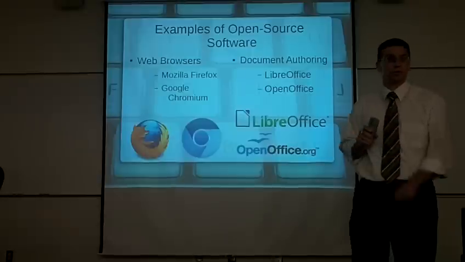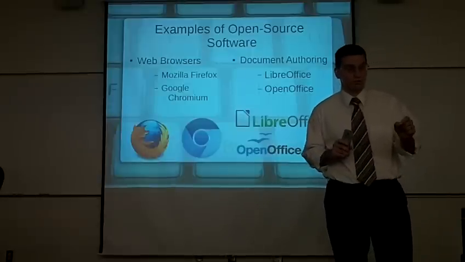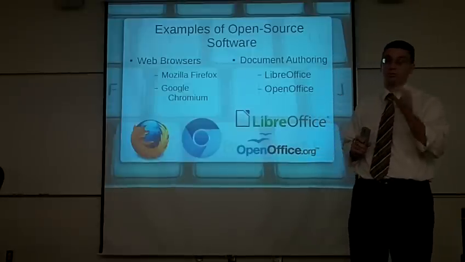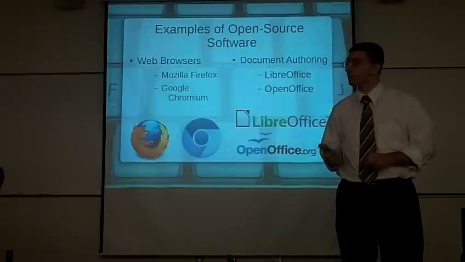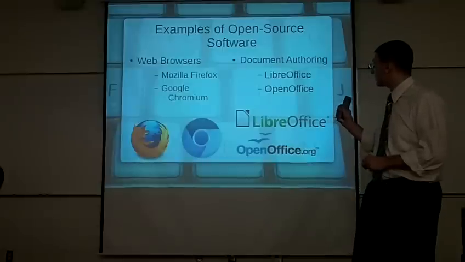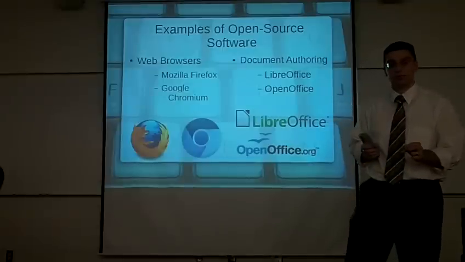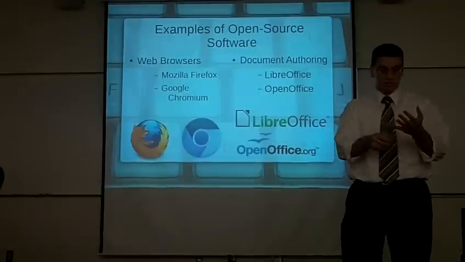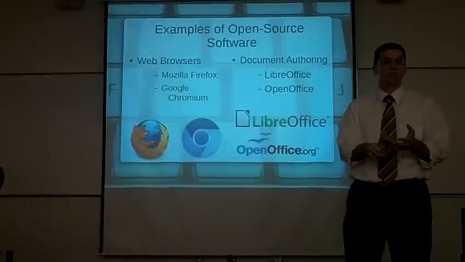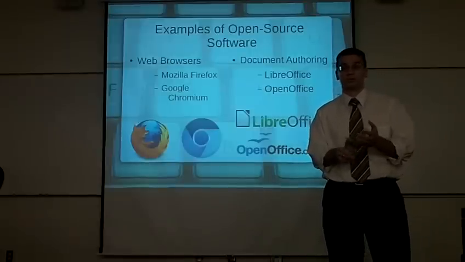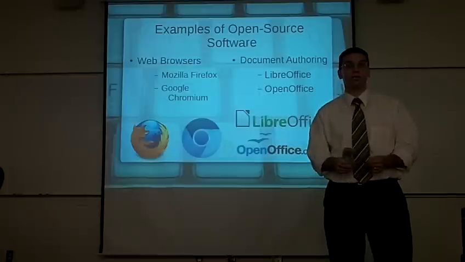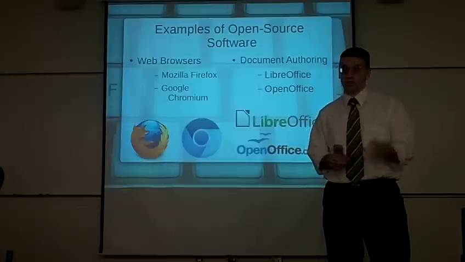And for web browsers, you have Firefox, as well as Google Chromium, which is what Google Chrome is based off of. And for office productivity, there is LibreOffice and OpenOffice. LibreOffice is actually a spin-off from OpenOffice. A group of people got together and decided they could take OpenOffice and improve it.